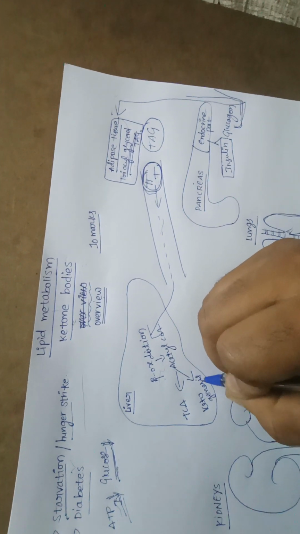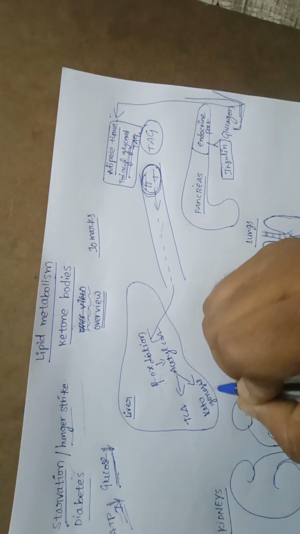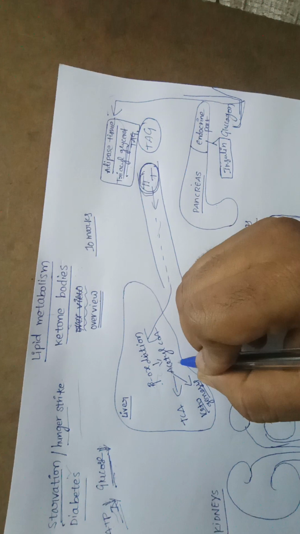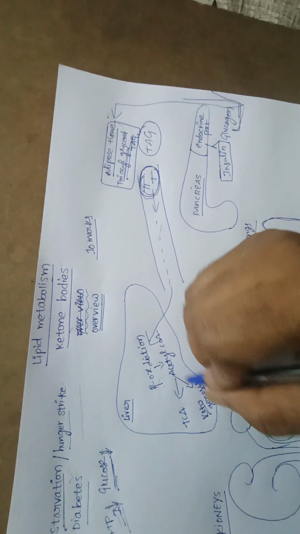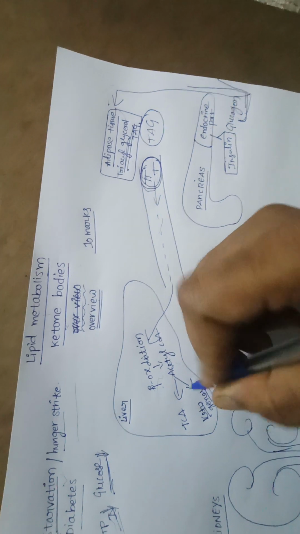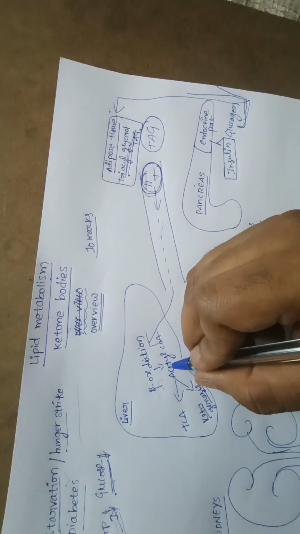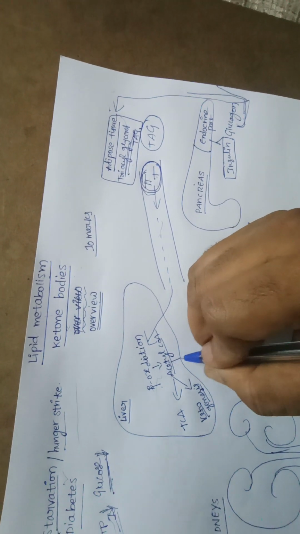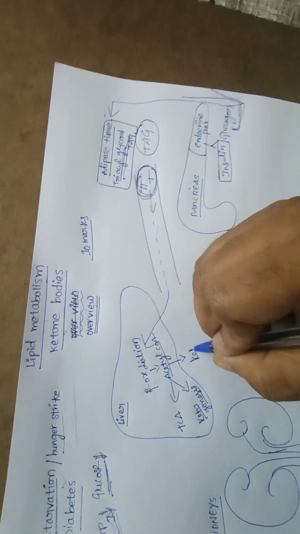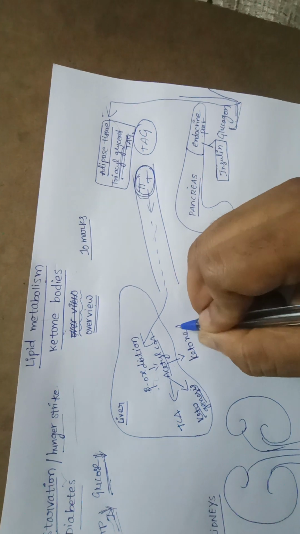Ketogenesis means synthesis of ketone bodies: keto means ketone bodies and genesis means synthesis. So at the end of beta oxidation, acetyl-CoAs are formed, and these are the precursors for ketone body synthesis.